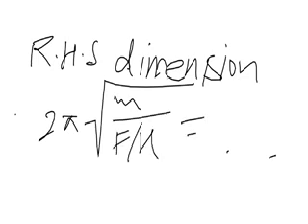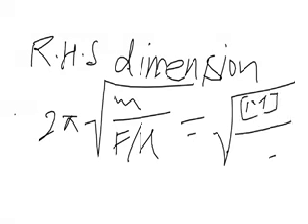So we are not going to write the dimension of 2 pi. I made a mistake: in place of M, I wrote L. Mass M, I had written as L to the power, length.